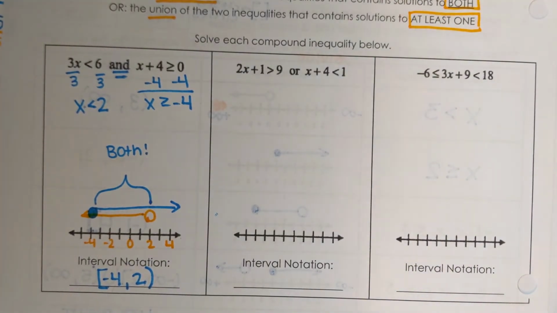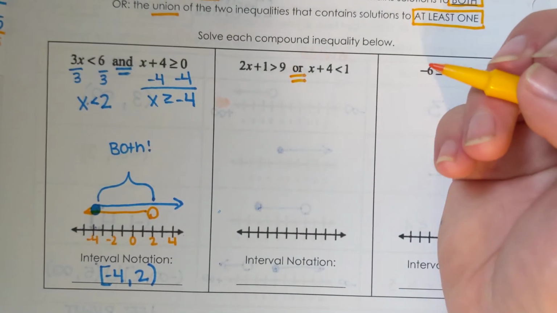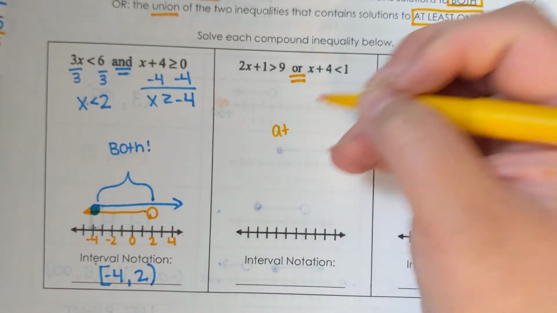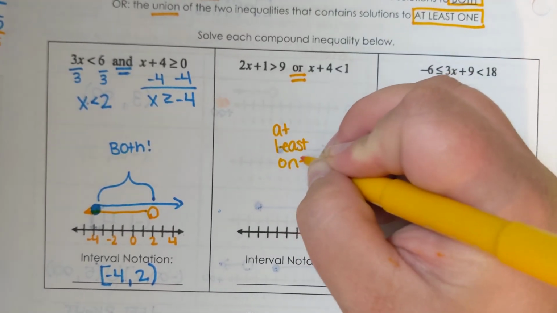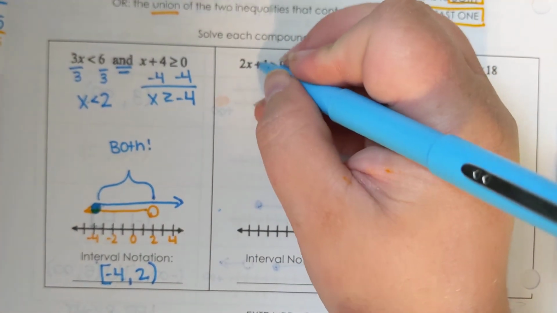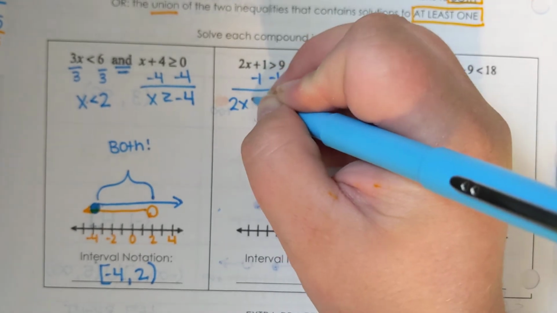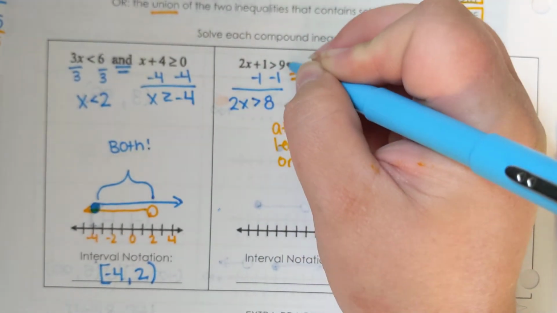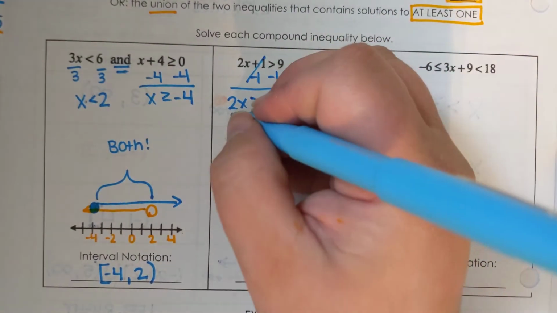Alright, let's do another one. This one says or. So this one is going to be at least 1. Okay. Over here, to get rid of my 1, I'm going to subtract it. 2x is greater than 8. 9 minus 1 is 8. Then I'm going to divide by 2.